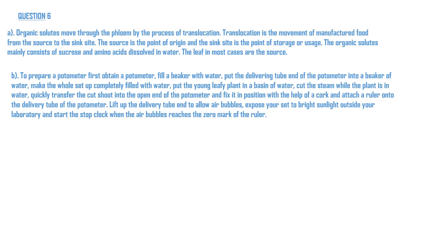Put the young leafy plant in a basin of water, cut the stem while the plant is in the water, quickly transfer the cut shoot into the open end of the potometer and fix it in position with the cork, and attach a rule onto the delivering tube of the potometer.